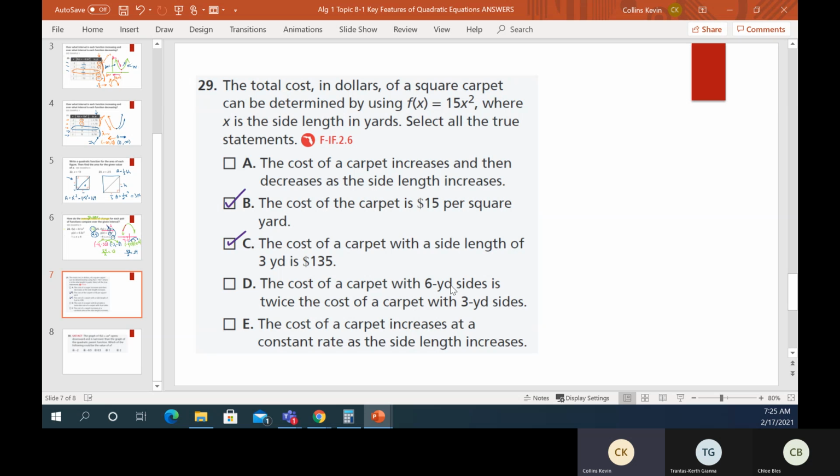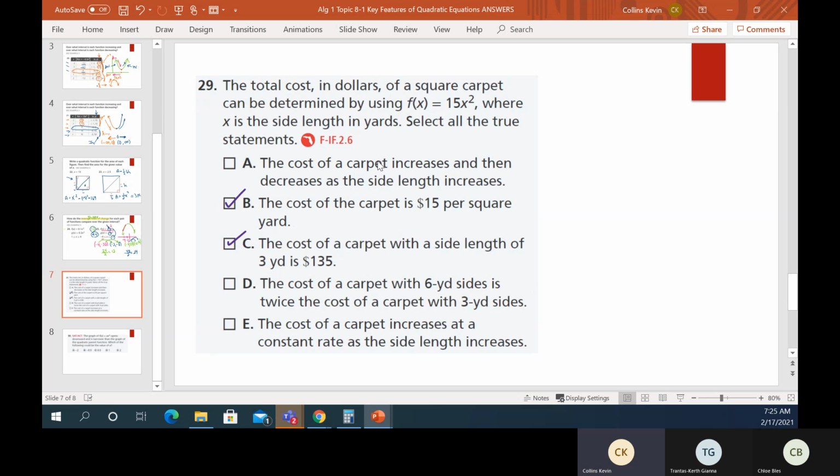This guy is 6 square yards each, so it's 6 square yards one way, 6 square yards the other way. So that 6 times 6 is 36, and then times the 15. But 6 times 6 is 36 square yards, where the other one, you would have 3 times 3 and double that, so that would be 9 times 2 is 18. So that one's not right.